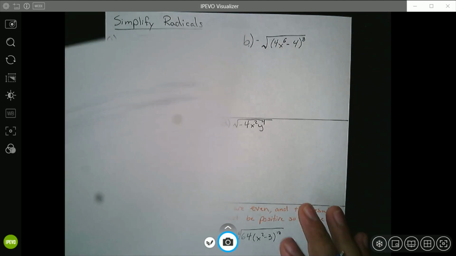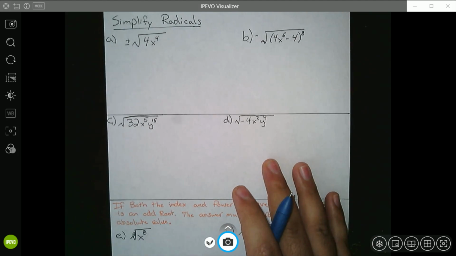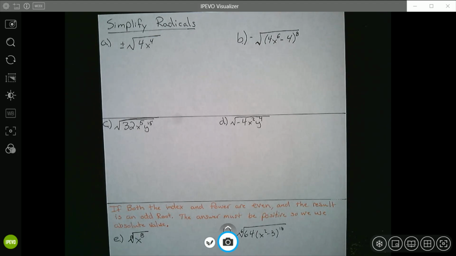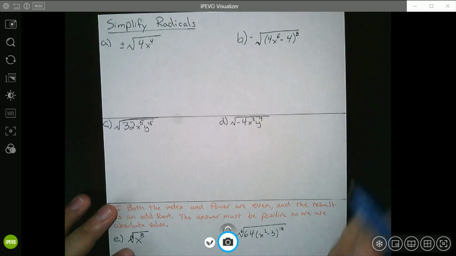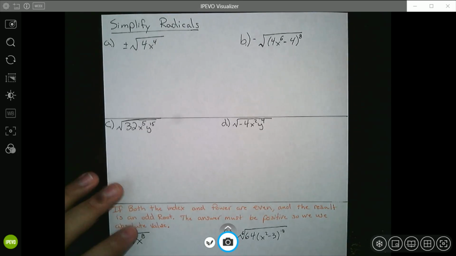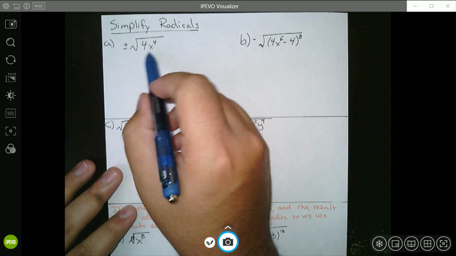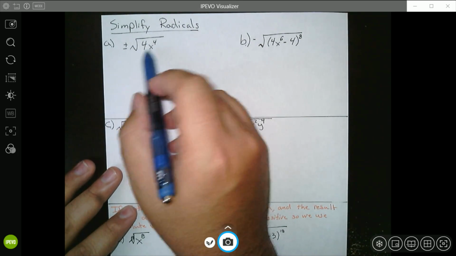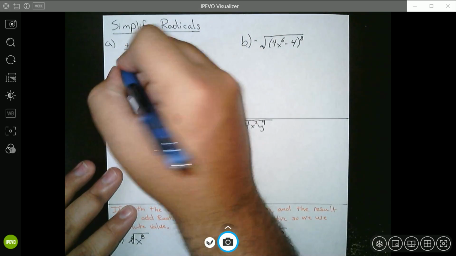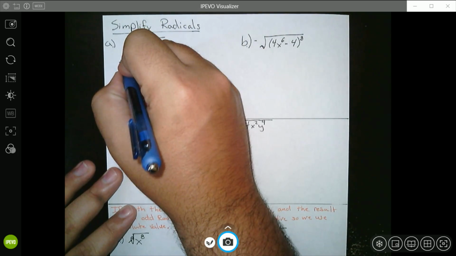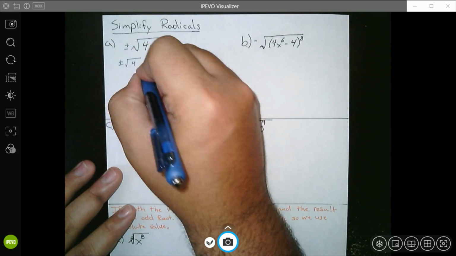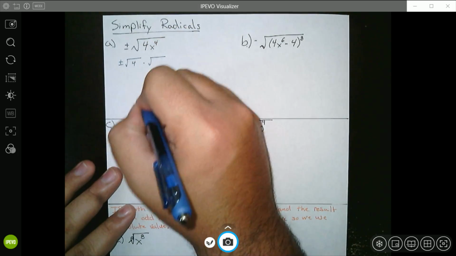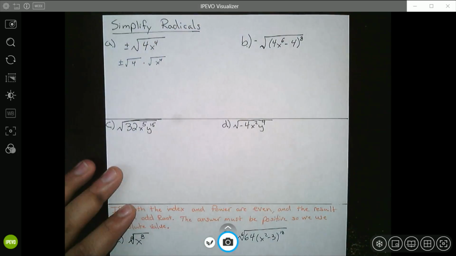So let's get into it and let's see some examples. The first one we're going to look at is plus or minus the square root of 4x squared. Typically what I like to do initially is break these two things apart, because remember, we can multiply these out and it becomes the same thing. So I'm going to say plus or minus the square root of 4 times plus or minus the square root of x to the fourth.